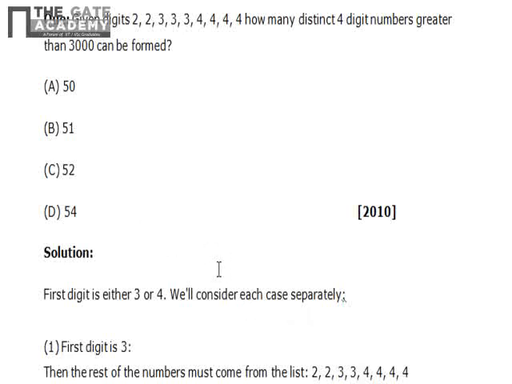If I want to solve this, I'll start by saying that if I want to form a number greater than 3000, then there will be two cases. The first digit is either 3 or 4, because we cannot start with 2. So we'll take these two cases separately.